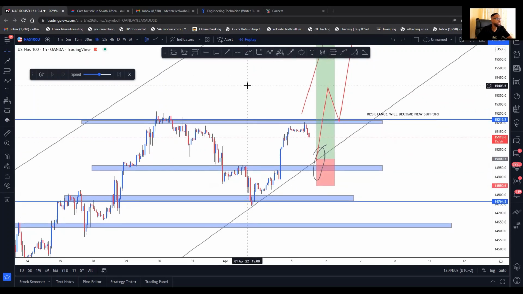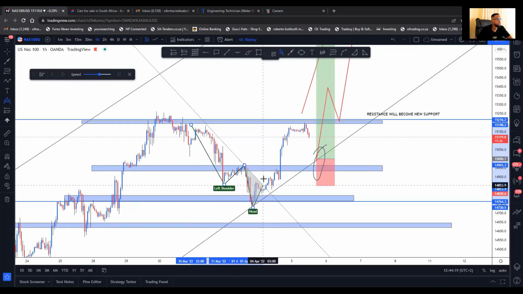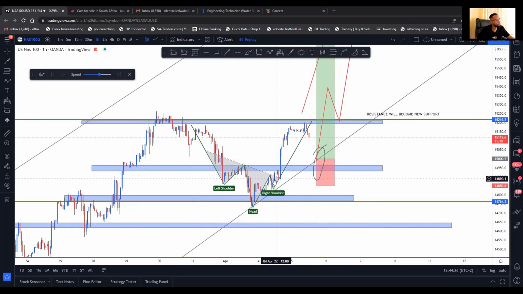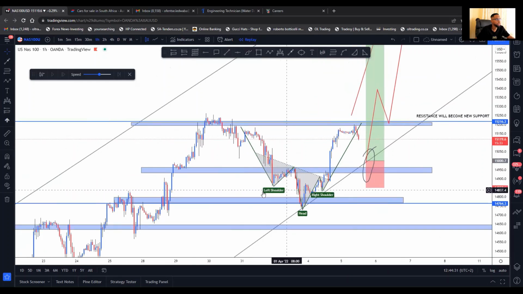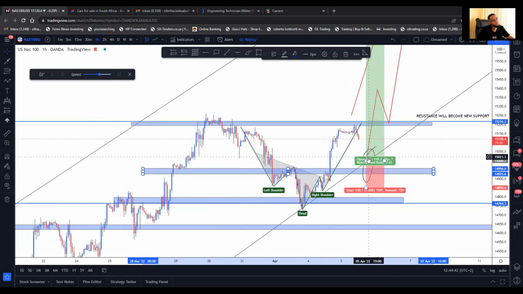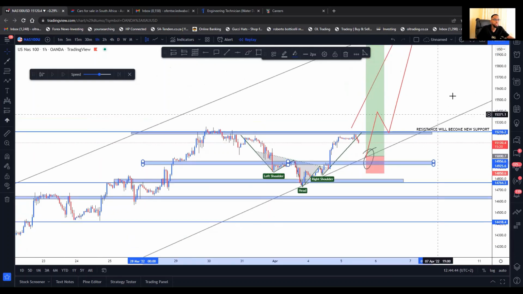If you can spot it, guys, let me show you. Something like this. This is the head. Not everything will come picture perfect, guys. You can see around this level here, once the market broke this level, it pushed. So we can expect a retracement coming to this level before we can buy.